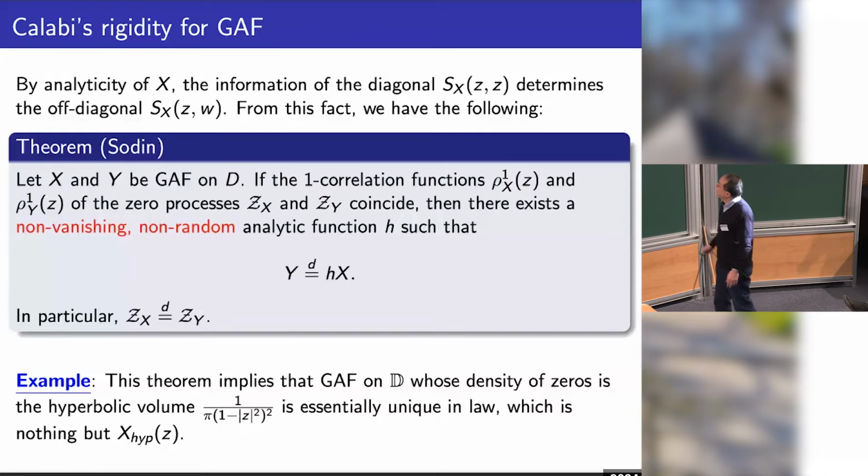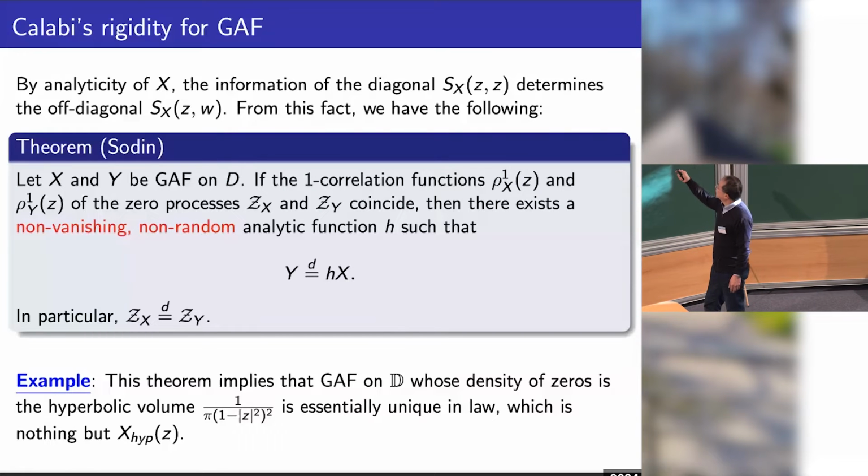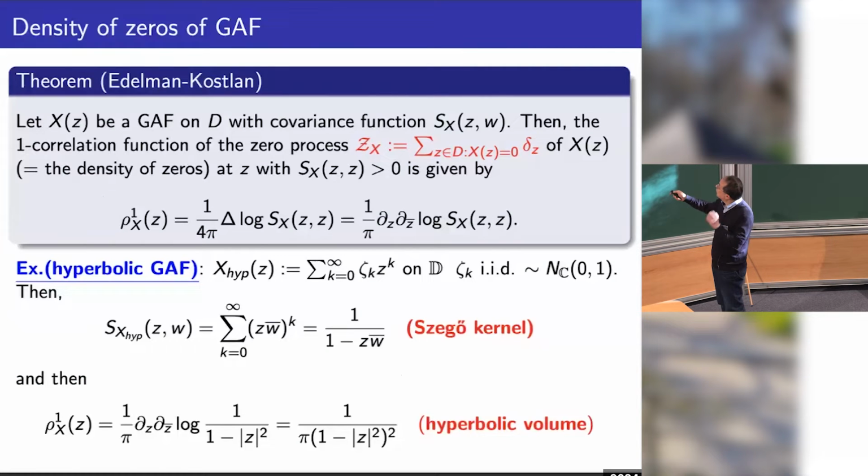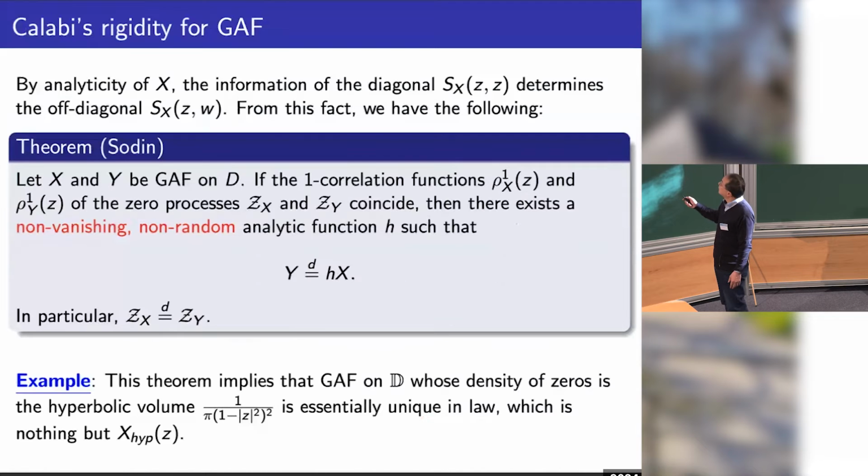So if we know the diagonal part, then you will get the information of the off-diagonal part. And as you saw, the diagonal part is very closely related to the density of the zeros, so that we have this kind of rigidity.